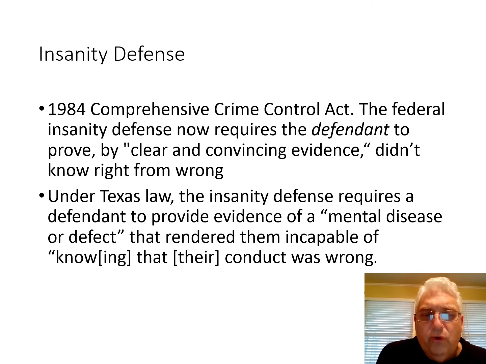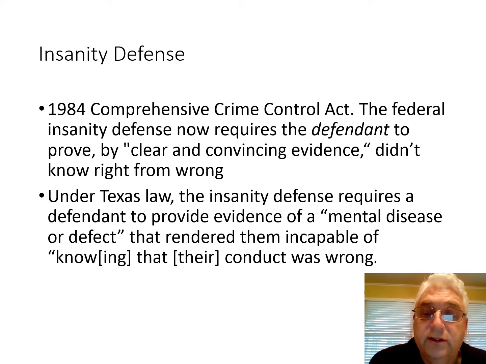Now, 1984, the Comprehensive Crime Control Act, the federal insanity defense, basically changed us back to McNaughton, actually. So in 1984, the federal insanity defense requires the defendant to prove by clear and convincing evidence that they didn't know right from wrong.